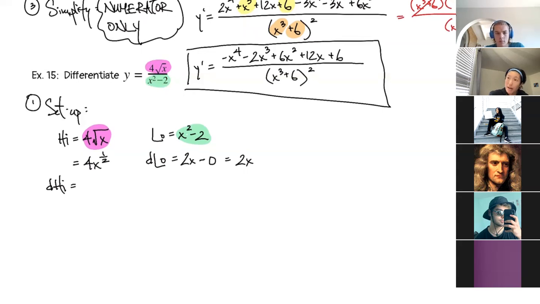Then when we find our derivative, we've got 4 times 1/2 x to the 1/2 minus 1. And that's going to give me 2x to the negative 1/2, or we could write that as 2 over root x.